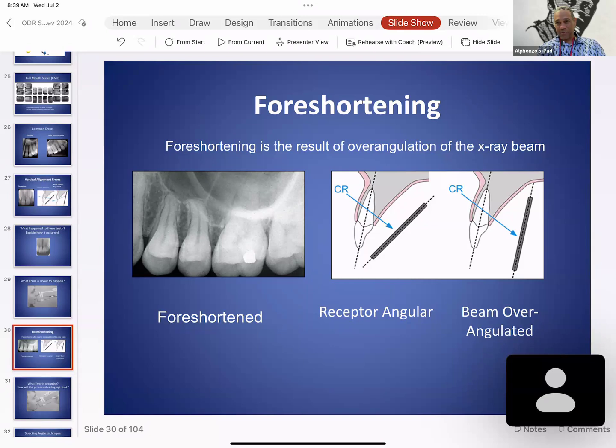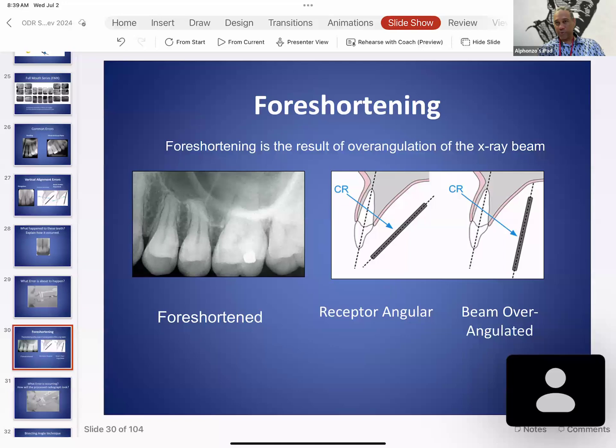You can see the cusp on the lingual and the cusp on the buccal of those posterior teeth. And they should all actually overlap one another, and you shouldn't be able to really see the occlusal surface like this at all on a properly positioned image.